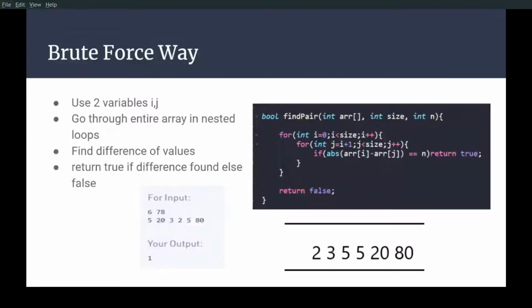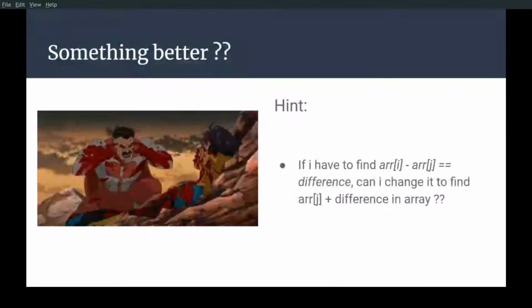So can you think of some better approach to do it? One hint will be, can you save something, can you store some values? You just read this and you will probably find what I'm talking about. What we basically have to find is that the difference of two array elements should be equal to this difference variable, right?